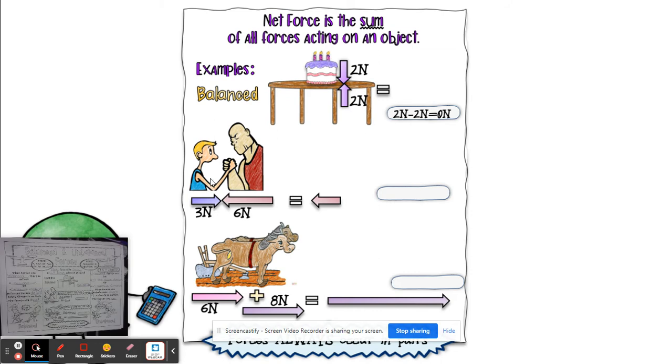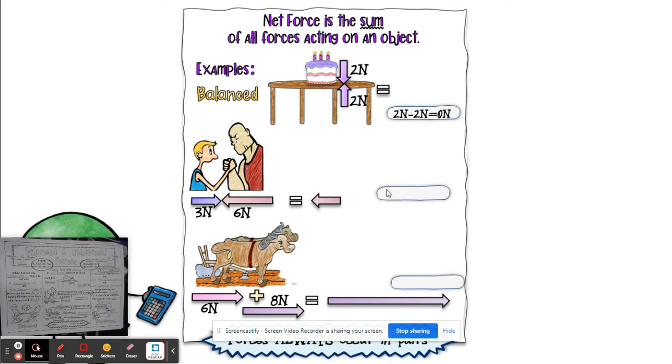Well, the little boy is exerting 3 newtons of force. Big guy is doing 6 newtons of force. Aren't they going in opposite directions? One's trying to make his arm go one way, the other one's trying to make his arm go the other way, right? So they're in opposite directions. So we call this unbalanced, right?